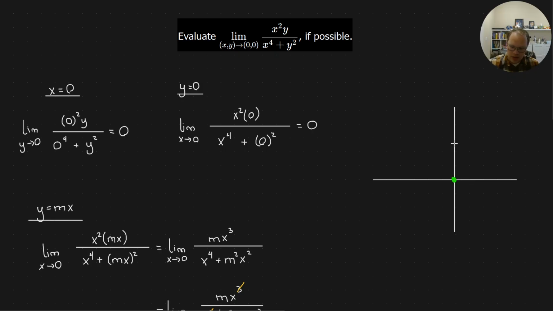We've looked down the y-axis, the x-axis. We've looked at every straight line that approaches it, but we haven't looked at every possible path. For example, I haven't looked at this path.